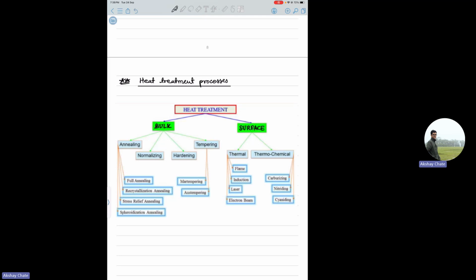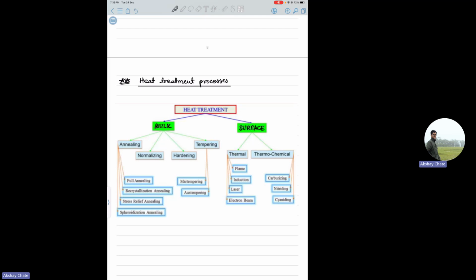So in that context, we talk about upper critical temperatures. Annealing is you heat it up to that temperature, maintain the temperature for a certain time, and then leave the component in the furnace itself. Your cooling rate will be very slow, so you'll get coarse perlite structure. So that is annealing.